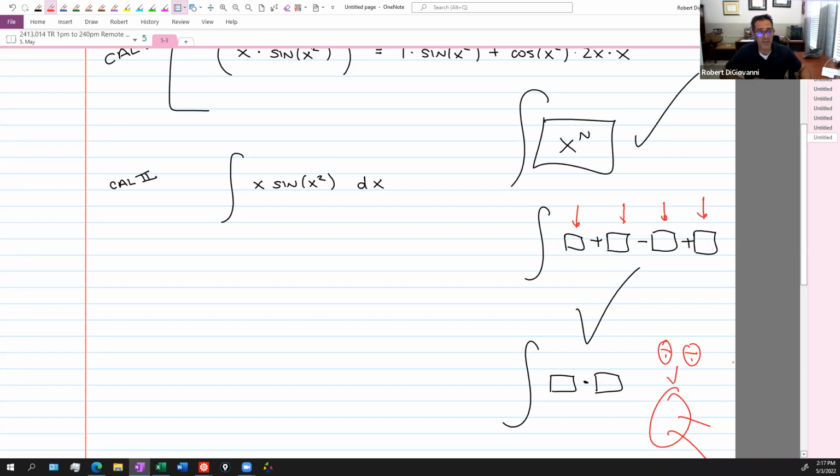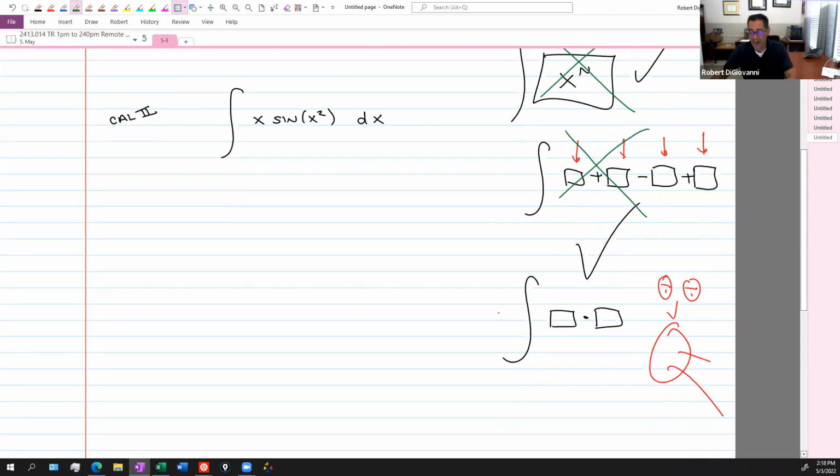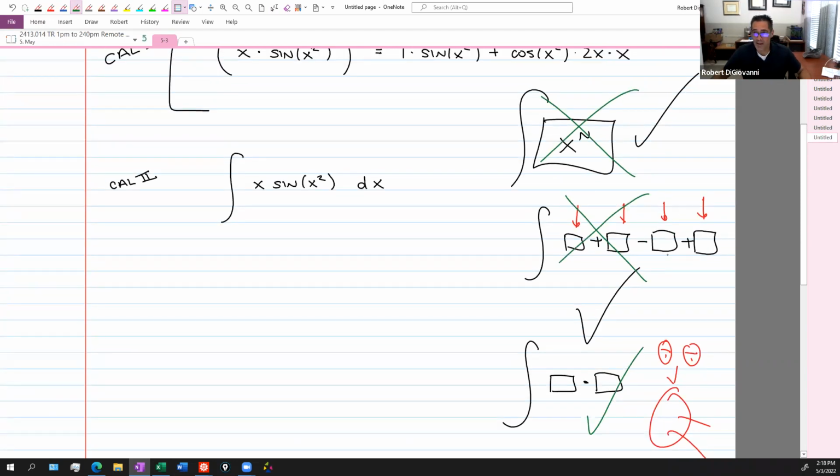It doesn't exist, okay? So what we have are strategies. I'm looking at this and realizing it's not x to a power by itself. It's not a bunch of things being added and subtracted. But it is a product, and I know that means life's going to be kind of messy now.